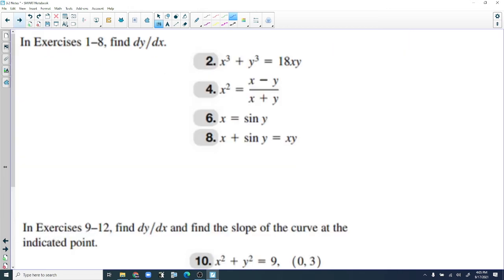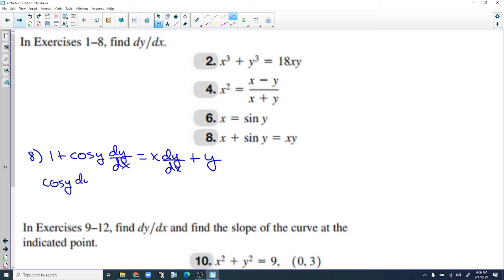In exercises 1 through 8, find dy/dx. Let's try, how about number 8? Seems interesting. 1 plus cosine of y dy/dx is equal to first times the derivative of the second plus the second times the derivative of the first. Here we have cosine of y dy/dx minus x dy/dx equals y minus 1.